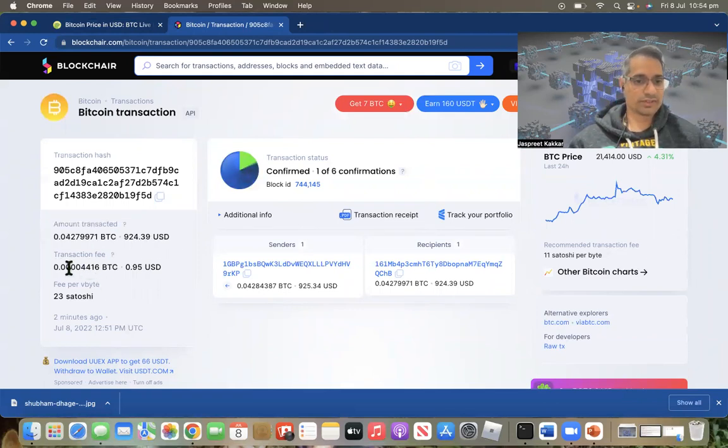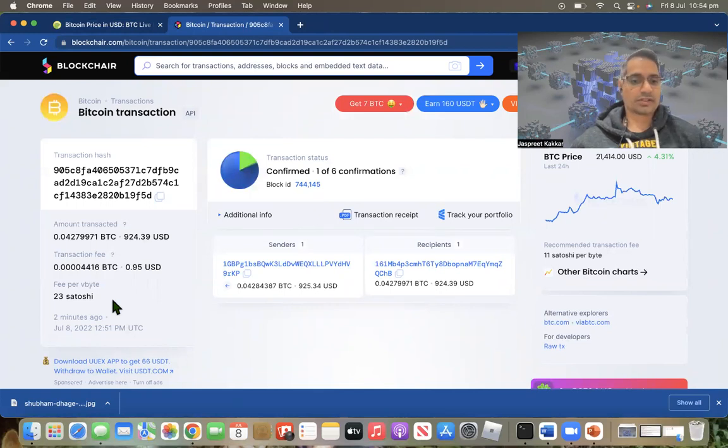Here you can see this in decimals, so you can look at it in terms of smaller units. You can say that 4,416 sats were paid for this transaction fee, which was less than $1. Then we have the fees per vbyte, which is 23 sats. When you create a Bitcoin transaction, you actually pay fees for the bytes.